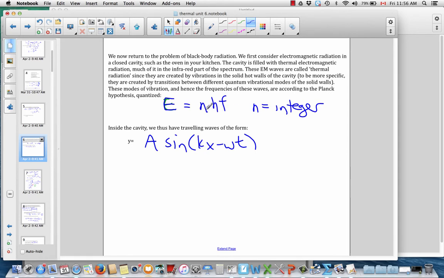So according to the Planck hypothesis, those energies only come in discrete amounts, and therefore the energy of the thermal radiation only comes in discrete amounts. It's multiples n of hf, where f is some frequency. Okay, so there's the quantization hypothesis for the radiation.